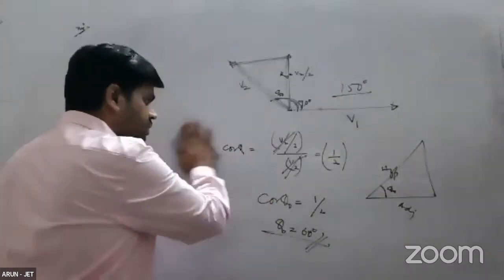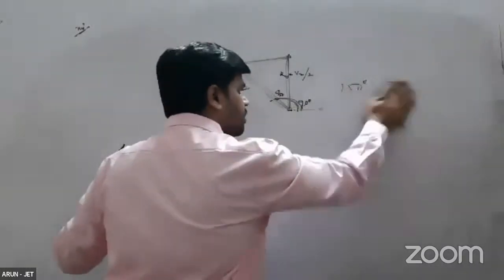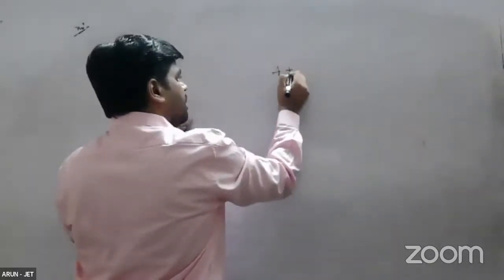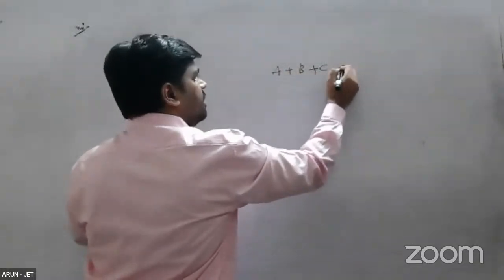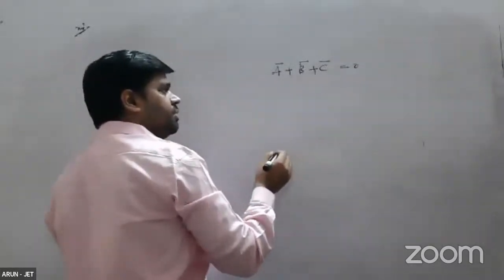Sum of the vectors is 0. All right, A plus B plus C is 0. Conditions given in the problem. A plus B plus C equal to 0. So A bar plus B bar plus C bar is 0.